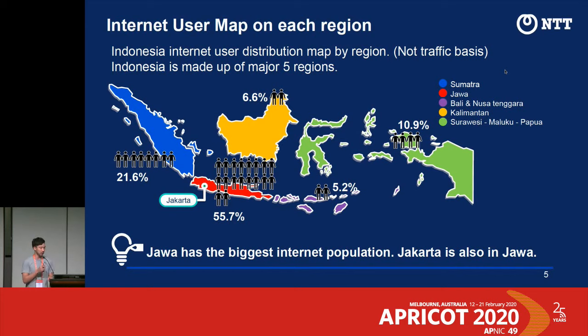Okay, this is a map of Indonesia. Indonesia is made up of five major regions: Sumatra, Java, which is called Java in the international way, Bali, Kalimantan, and Sulawesi.